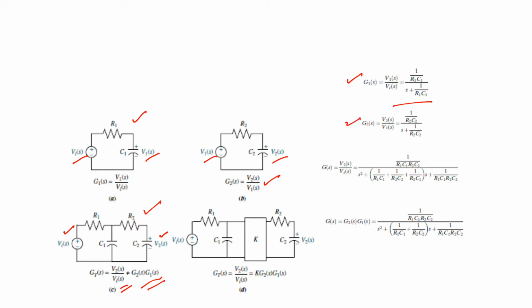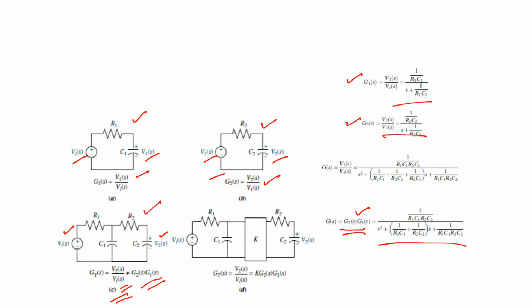Now the transfer function of G1(s) is given by this equation, which we have also discussed previously. The transfer function of G2(s) is given by this, and when we connect these two circuits in this figure C, finally the transfer function would be the multiplication of the two transfer functions, that is G1 into G2, which is given by this equation.